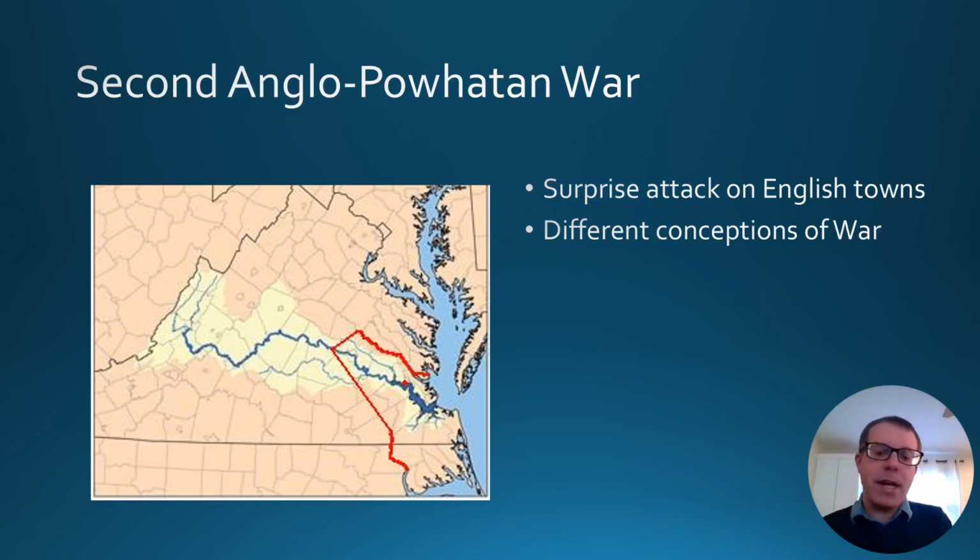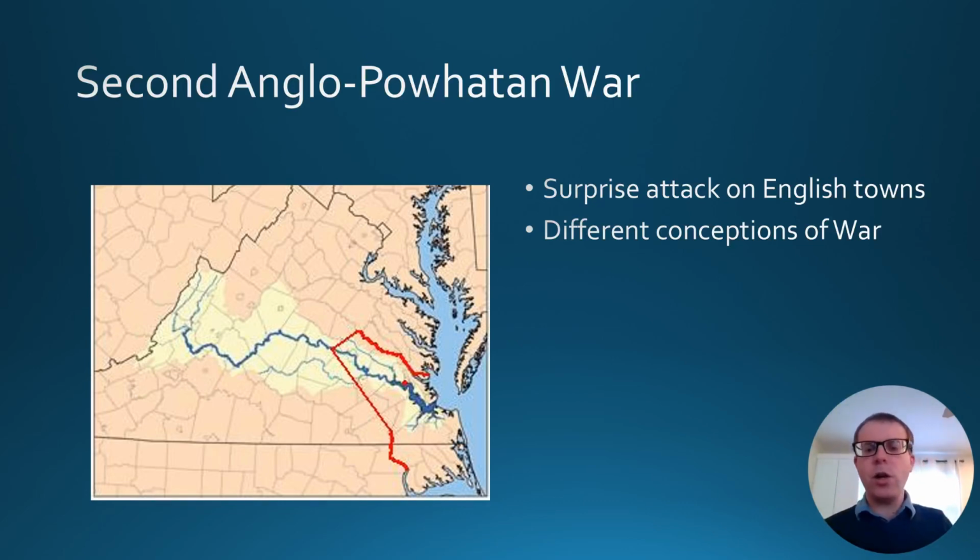And so it becomes very common for local Algonquins to come into the English town, buy a few goods, and go back to their home village, and for the English to do the same. And what this leads to is an opportunity for Opchanacanough to surprise the English in a mass attack.